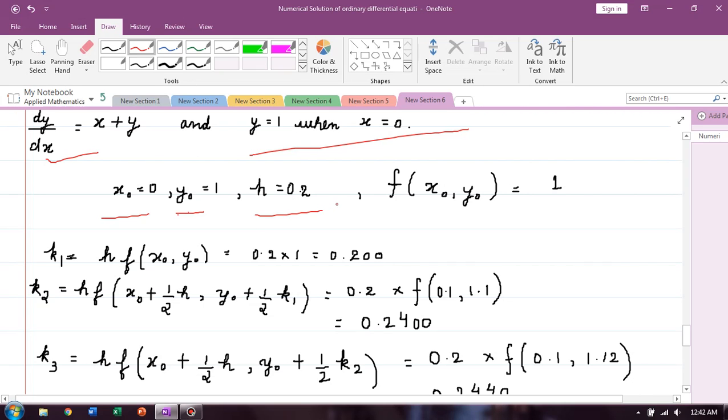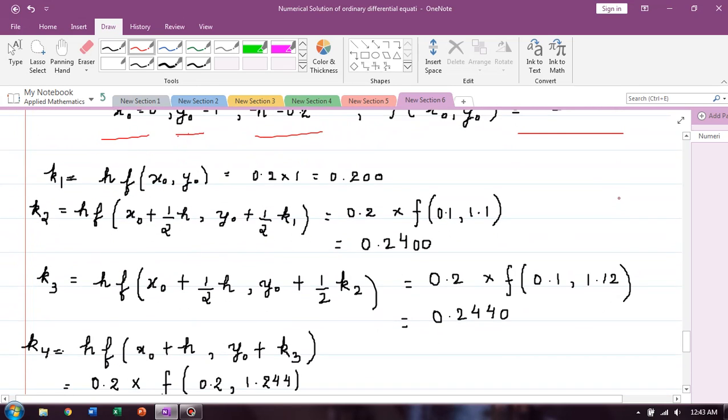Fine. Now f of x naught, y naught means that f of x, y is this. Now put the values of x naught, y naught here. x naught, y naught are 0 and 1, so 0 plus 1 is 1, right? Now we are going to calculate successively the values of k1, k2, k3, k4 and finally k.